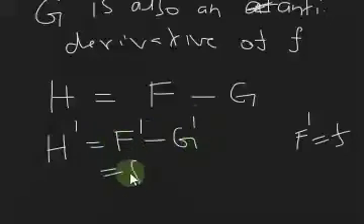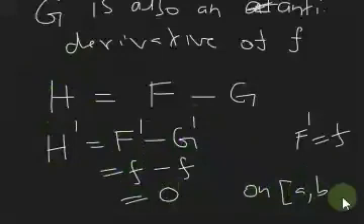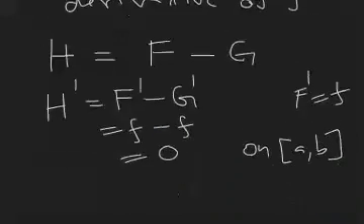This is lowercase f minus lowercase f, so you get 0 on the interval [a, b]. From the mean value theorem, we can say that the function uppercase H should be a constant c.